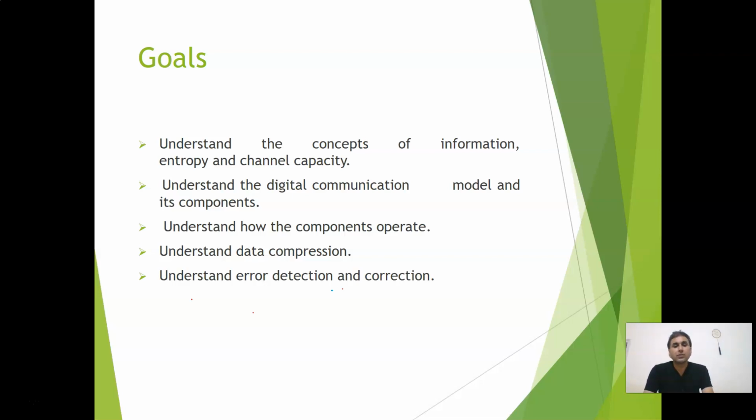In this course, we will understand the digital communication model and its components and how they operate. In the later part of this course, we will understand and discuss various data compression techniques like Shannon-Fano coding, Huffman coding, and lastly, in this course, we will understand and discuss the various error detection and error correction techniques.